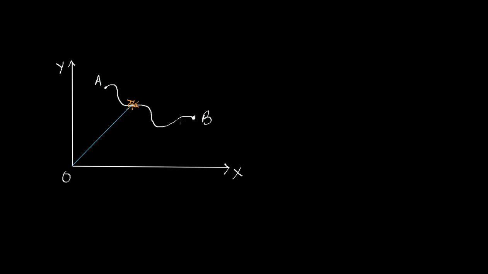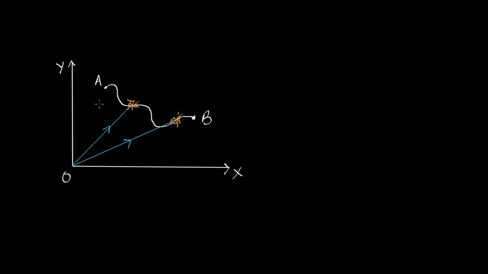Now if this ant has come to this point, then if we draw a line from the origin to where the ant is, we get another position, another line like this. And always we have to put the arrow mark. So these lines are nothing but the position vectors.